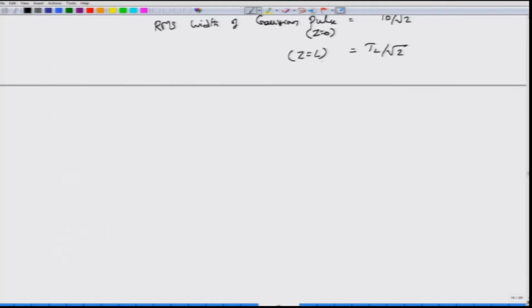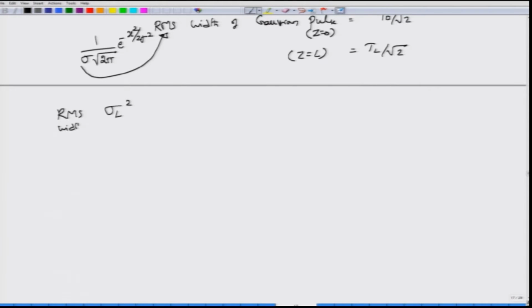This one is rather easier, because a general Gaussian random variable is given by 1 by sigma square root 2 pi times exponential of minus x square by 2 sigma square, and this sigma is essentially the root mean square width that we are looking at, and therefore this is easier to deal with in that particular case. Okay. So what you get is the RMS width.